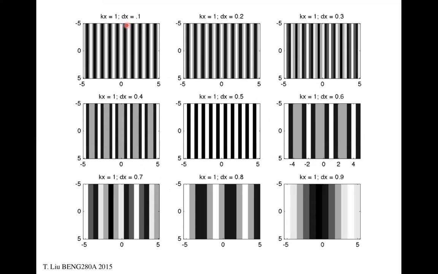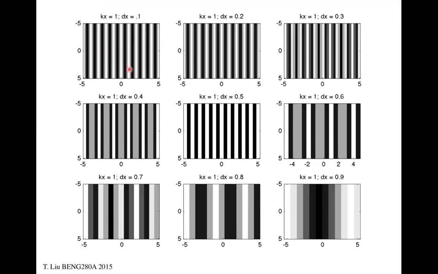This is an example of what happens as you go from the adequately sampled condition towards the very undersampled condition. And we're going to move through the Nyquist sampling condition. This is a plane wave, and it has a kx of 1, let's call it 1 cycle per millimeter.